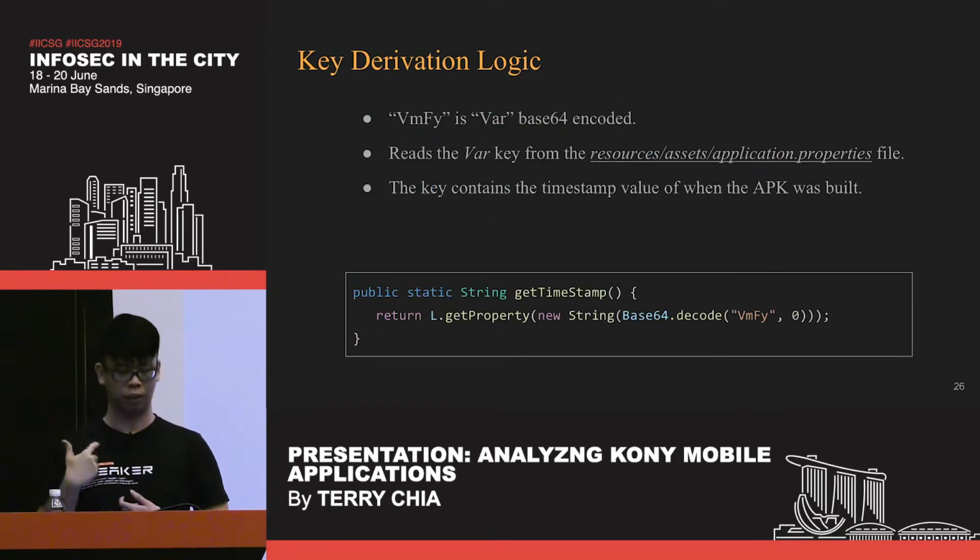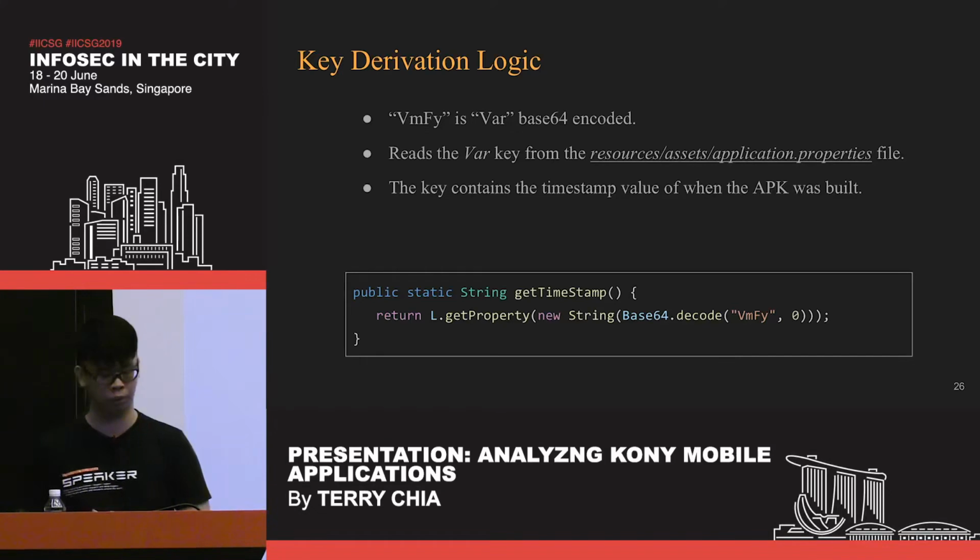And the first function that it calls is the getTimestamp function, which base64 decodes a VM_FY string that is actually base64 encoded. So it uses that string as a key value and reads it from an application.properties file. And that key actually contains the timestamp value of when the APK file was built. So if you have the same APK and you built it twice, the decryption key will be different each time.